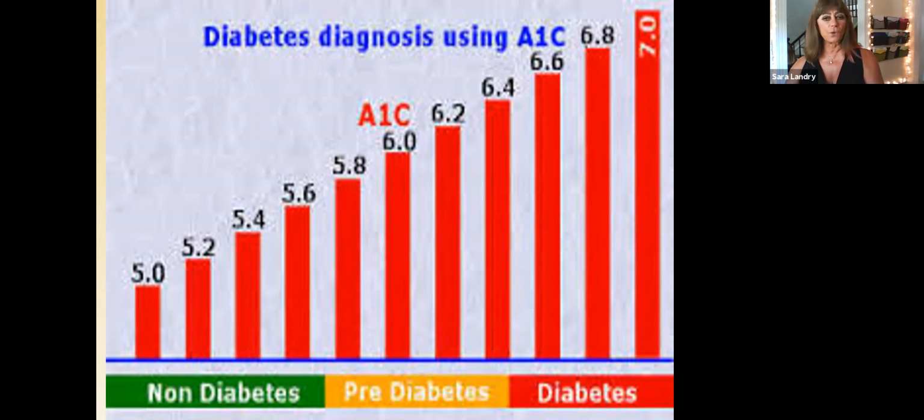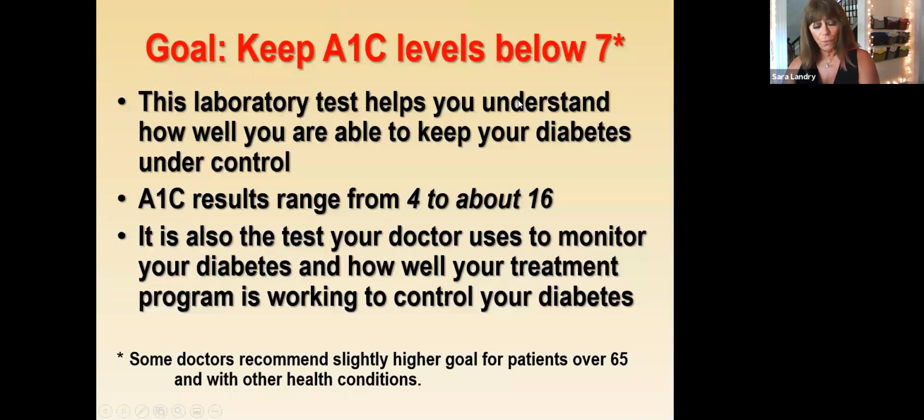If you're seeing a score of 6 to 6.4, maybe 6.6, you are pre-diabetic. You don't have diabetes, but you have a probability of getting it. If you're seeing scores of 6.8 or 7, you have diabetes. So one of the goals of diabetes self-management is to keep your A1C score below 7.